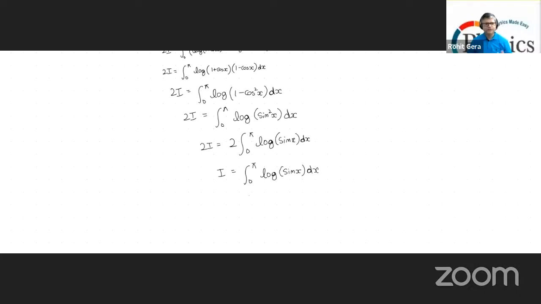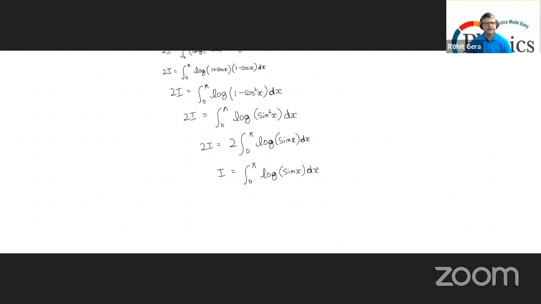Sometimes you may have to use more than one property, which makes the job harder. You simplified it a lot, but if you get something in 0 to pi by 2, it's always easier.